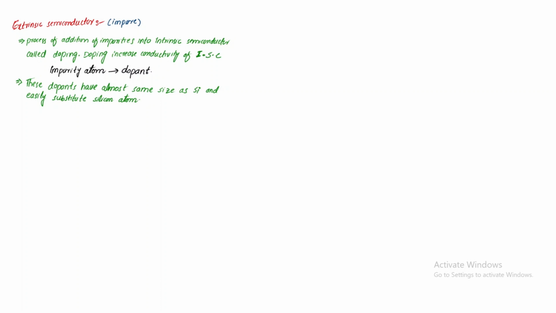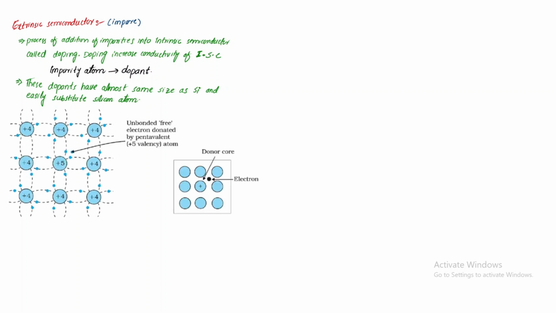The atom which we add, the dopant, will have comparably the same size as silicon, because it should not distort the crystal structure and produce crystal defects.